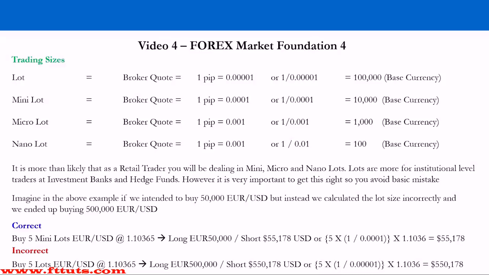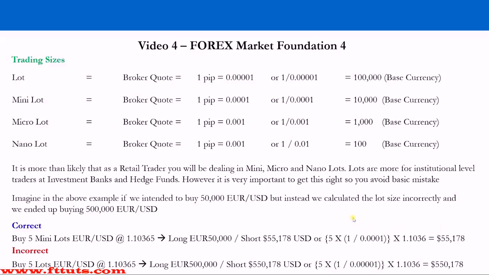Lots are in the size of 100,000 base currency, and instead of, for example, buying 10 mini lots with the intention of taking 100,000 exposure, you could end up buying the equivalent of 10 lots, so 100,000 exposure.